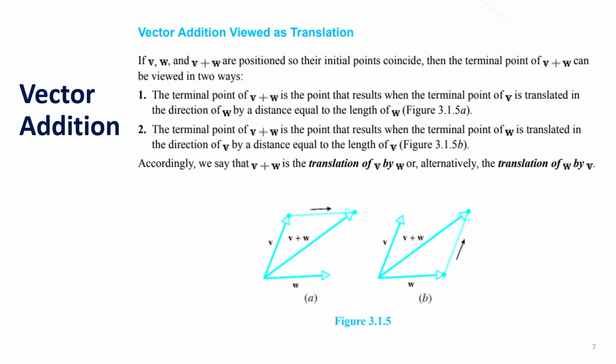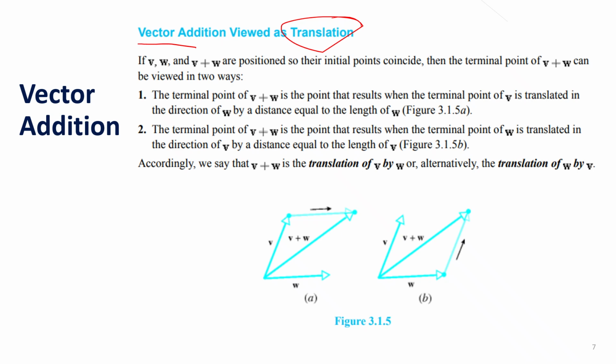Another way to see vector addition is to consider it as translating one vector to another point. So vector addition is like moving a point. By adding two vectors, you shift the end of the first vector by the direction and length of the other, ending up with the sum of the vectors being the endpoint of the second vector.